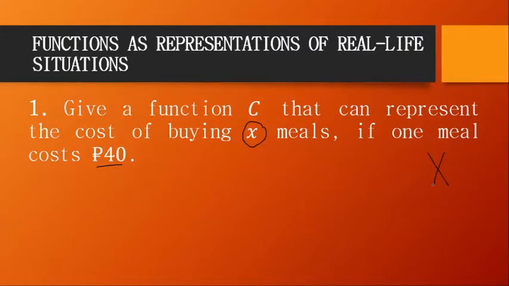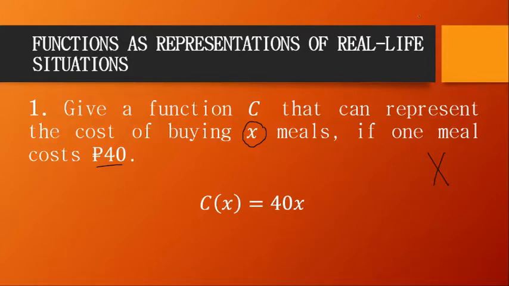Therefore, our function would be C of x is equal to 40 times x or 40x. Meaning, we're just going to get the product of 40, which is the cost, and yung x natin, which is the number of meals, for us to know the total cost of buying those meals.